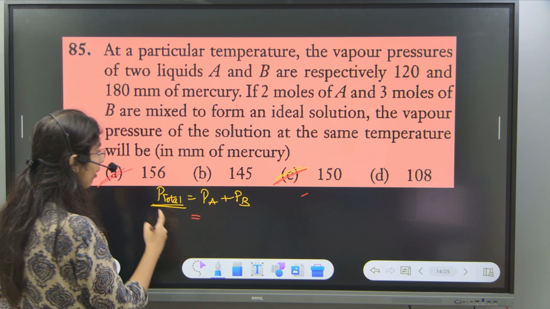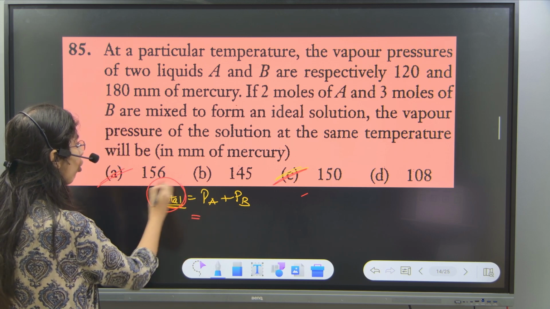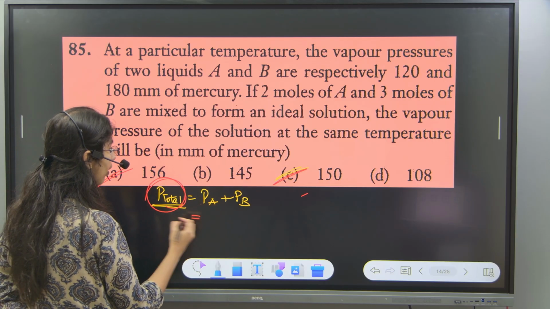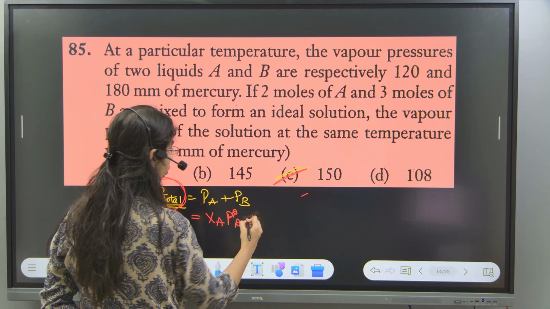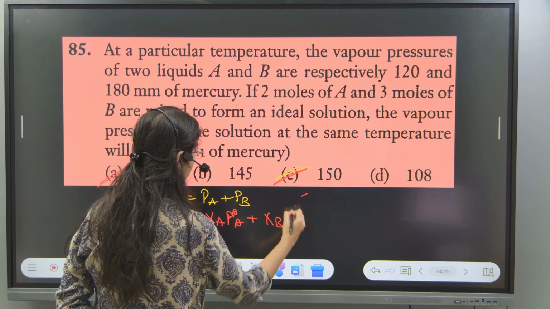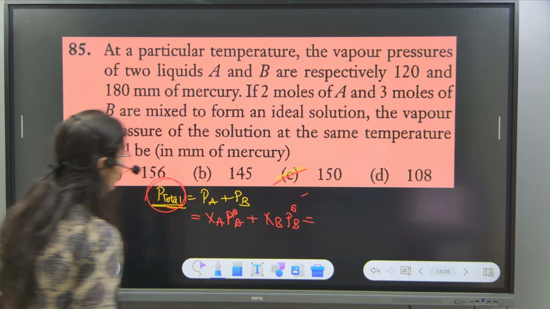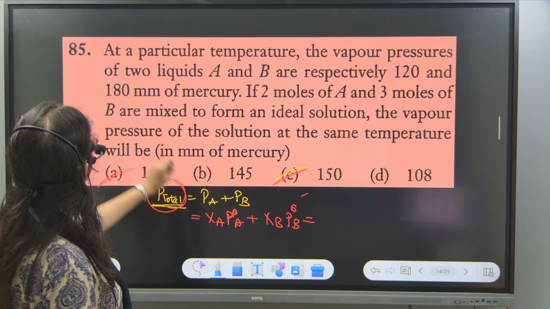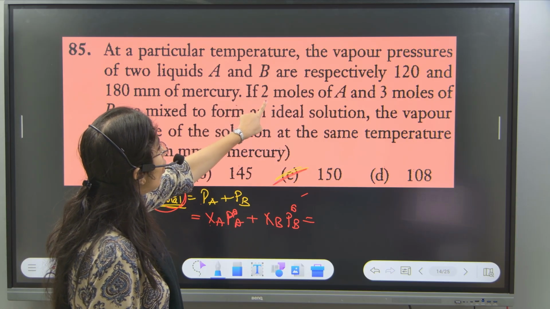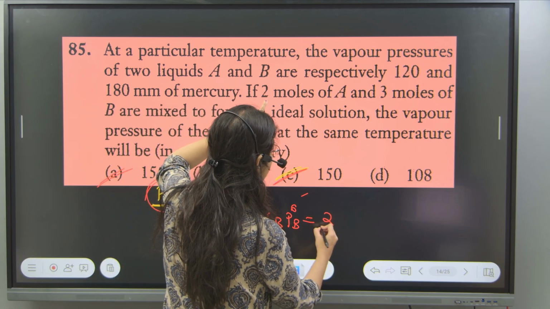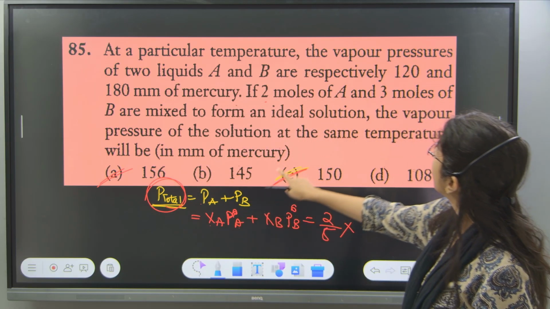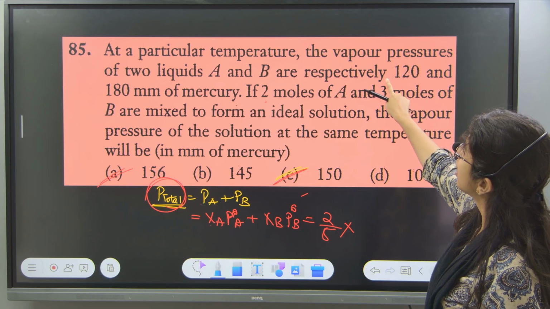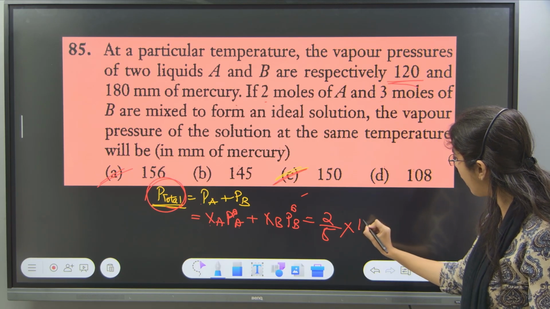Fine. So here we have to find out what? We have to find out total pressure, and we'll use the same formula: A into pure solvent, B into this one. So mole fraction of A, let us find out, 2 moles of A. What is the total moles? 5. 2 plus 3, 5. Into the vapor pressure of A, 120.